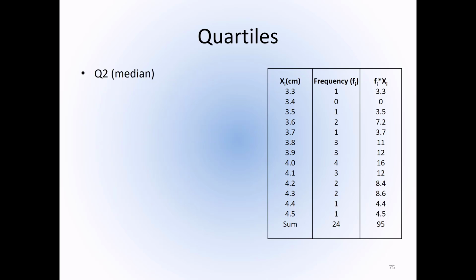If we're interested in quartile 2, this is the same as the median. So we can use our formula for the median if we want, or we can simplify things if we've already calculated quartile 1 and multiply quartile 1 by 2. So let's do that and use that particular method since we're already familiar with measuring the median.